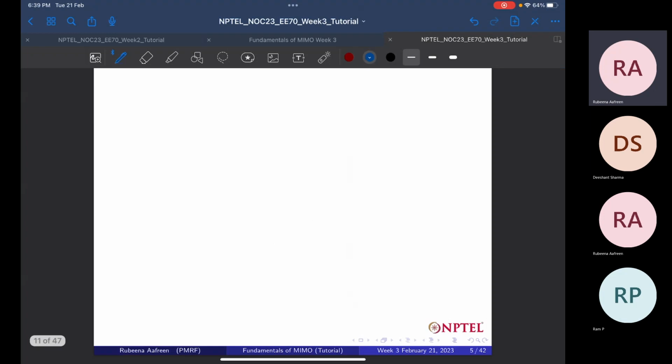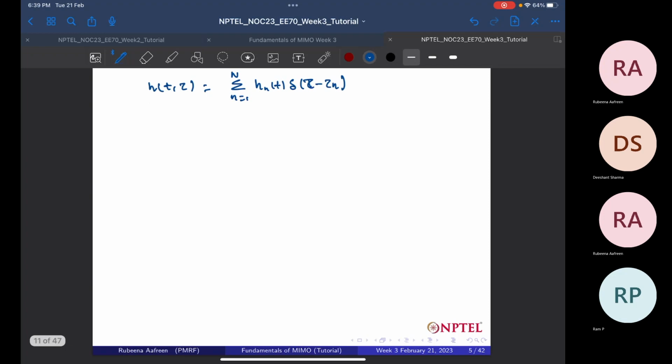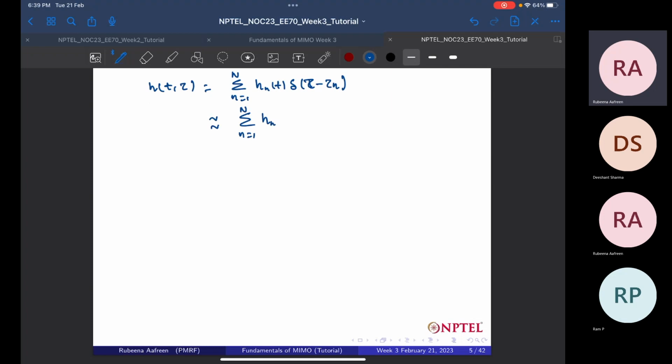So essentially what we have done is that we have approximated this, now since the delay is common, we can take it as h(t).